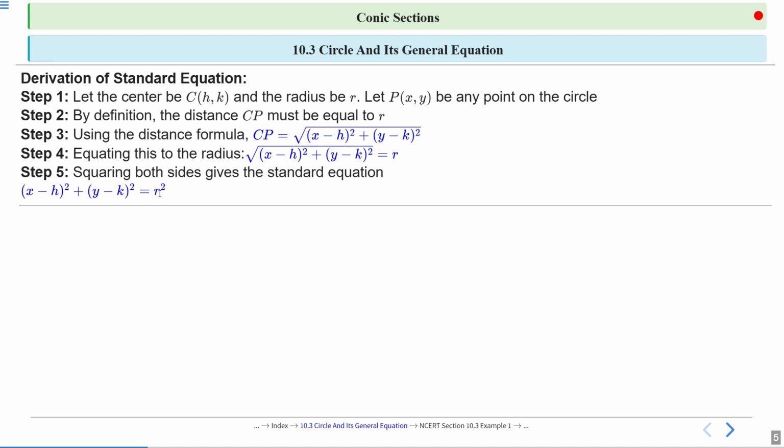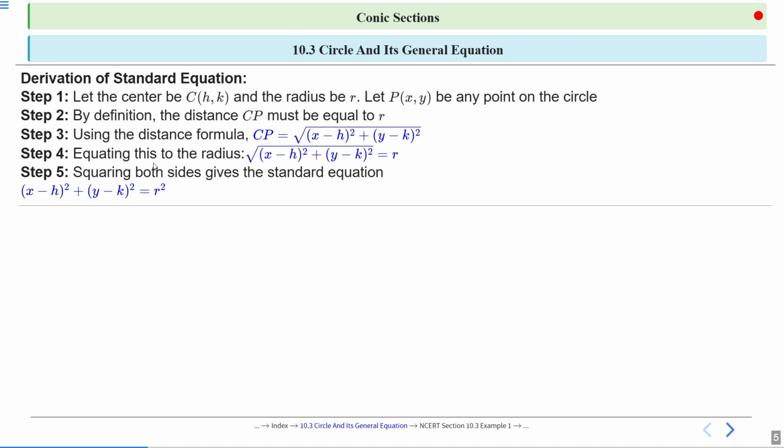And how did we obtain it? Basically, we first let the center be C(h, k), and the radius be r, and we took P(x, y) to be any arbitrary point on the circle. Then we used the distance formula, and we obtained this equation.